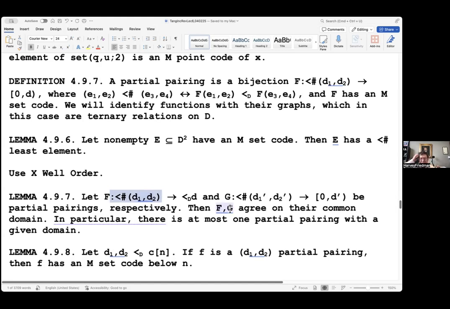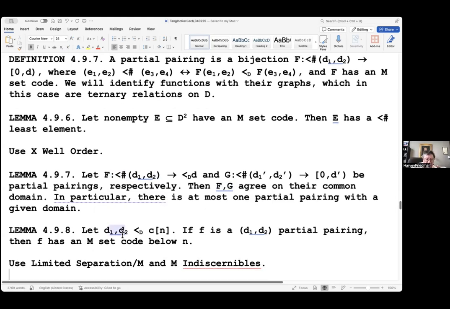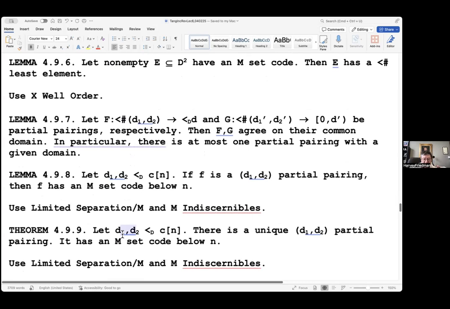Then F and G must agree on their common domain. And there is at most one partial pairing with a given domain. This is clear from the well-foundedness of the situation.